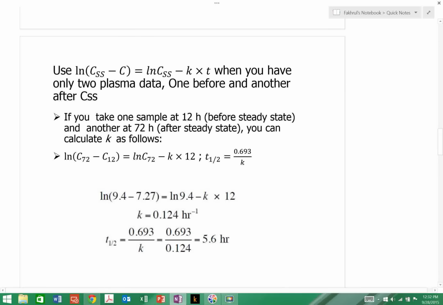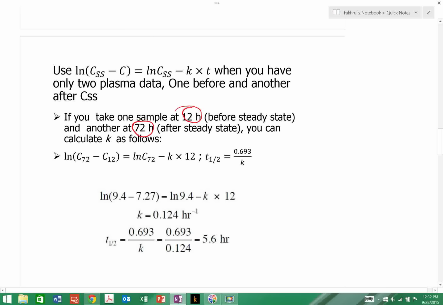Another method we have discussed, assume you have only two data, one before CSS, another after CSS or at CSS. So in that case you directly use this equation. For example, in this example you have a sample at 12 hours, which is before steady state, and 72 hours.